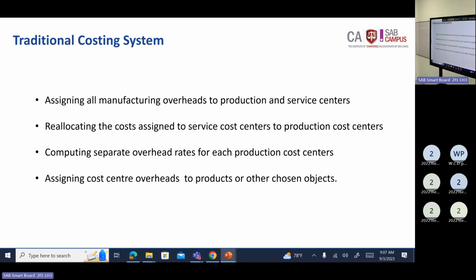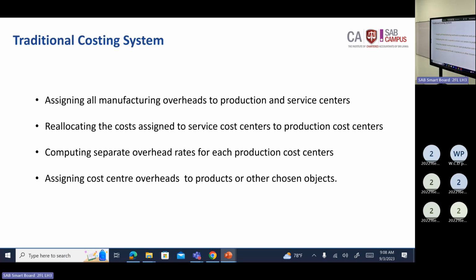So you can identify the salaries of the factory 1 manager and the factory 1 supervisor to factory 1, and likewise for factory 2. So overhead cost you can directly allocate for each and every cost center. That is why I just used the example: 5 million for factory 1, 3 million for factory 2, 1 million for stores, 1 million for maintenance division.